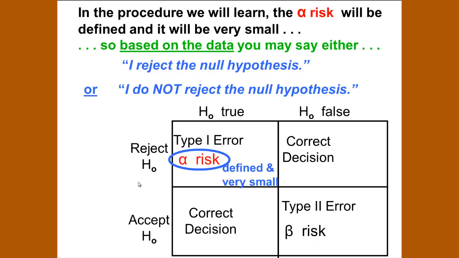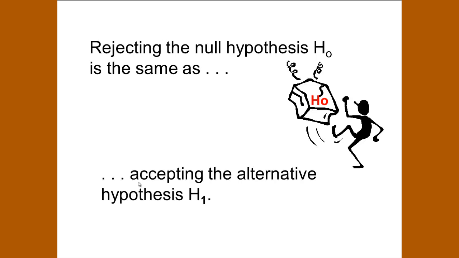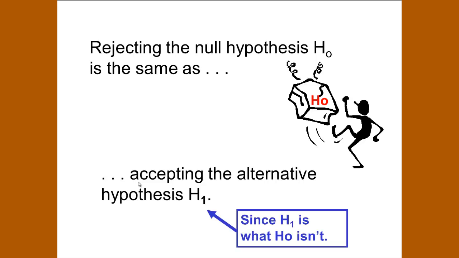So the only two statements that we will say in our introductory class to statistics in hypothesis testing is you reject the null or you do not reject the null, because we're only looking at the type 1 alpha risk. Rejecting the null hypothesis is the same as accepting the alternate hypothesis H1, since H1 is what H0 isn't.